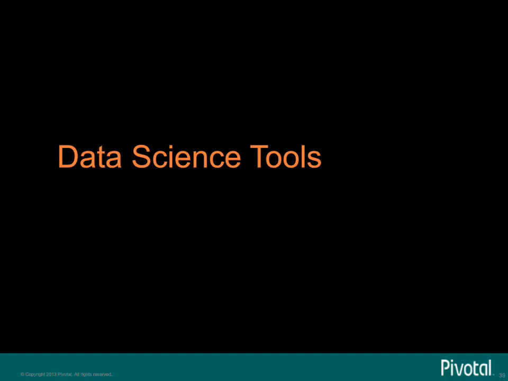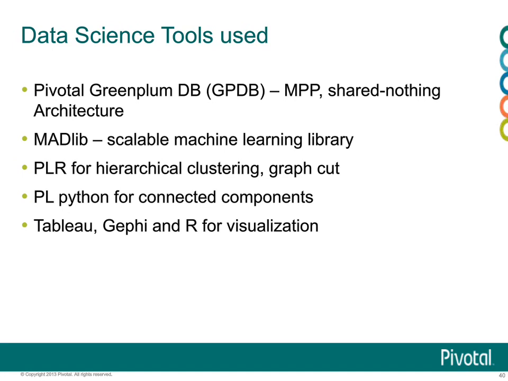Now let's talk about the different data science tools that we used in our framework to accomplish this. We performed all this work on top of Pivotal Greenplum Database, which has an MPP, massively parallel processing, shared-nothing architecture, and it has a master node and a bunch of segment nodes that share the computational load, and it is built for big data analytics and scalable computation.